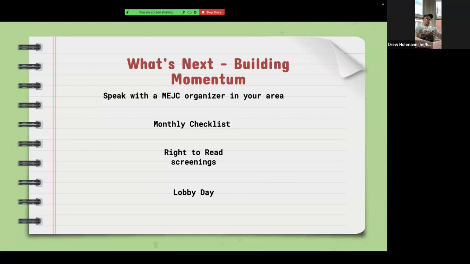Right to Read screening. This is that campaign I was talking about where folks can sign up to host a documentary showing about literacy. We've also connected it to things like book bans that we're seeing in a lot of districts, as well as culturally relevant curriculum, curriculum that faces the really hard stuff that's happened in our country's history and gives accurate information about all groups in our country and in our world.